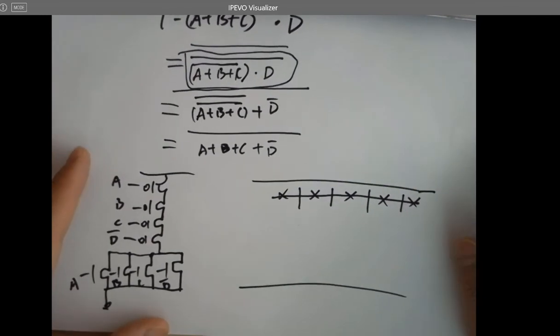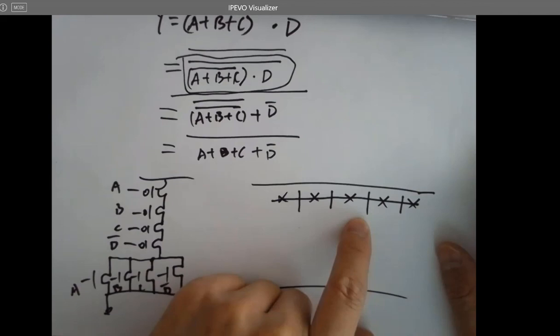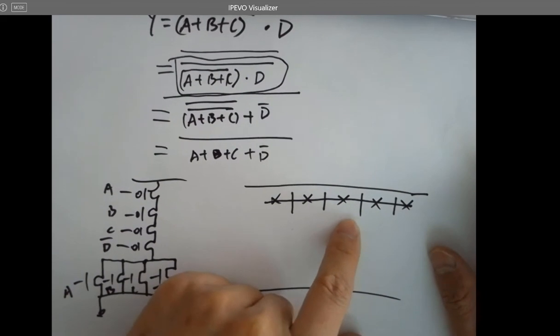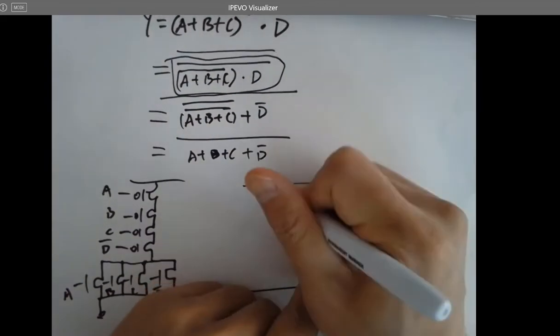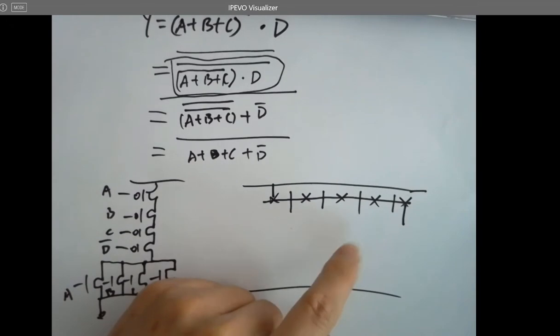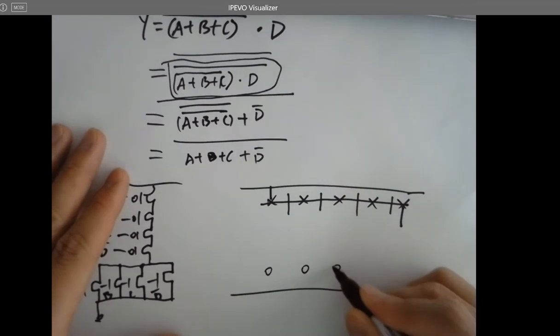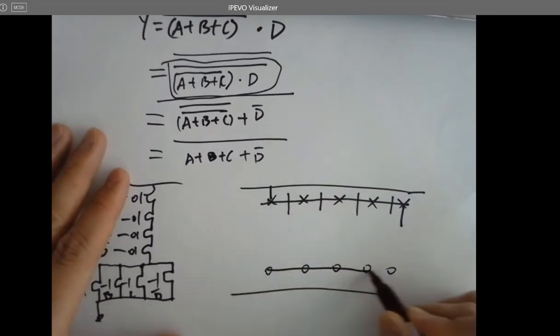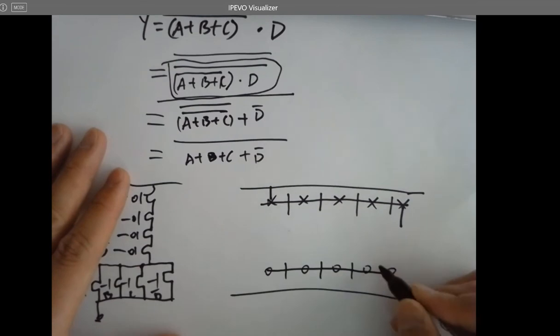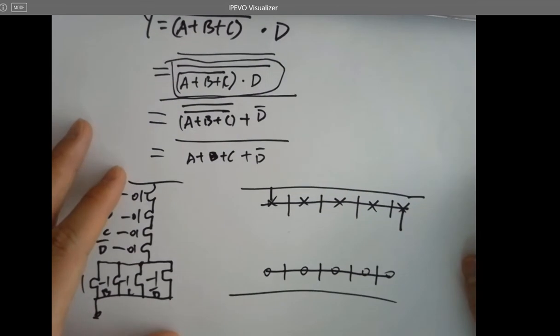Is that difficult to run 4 PMOS in series? It's very simple, right? Just boom, boom, done. And 4 NMOS at the bottom in parallel. 1, 2, 3, 4 in parallel.